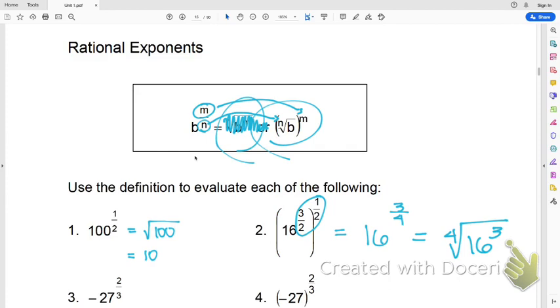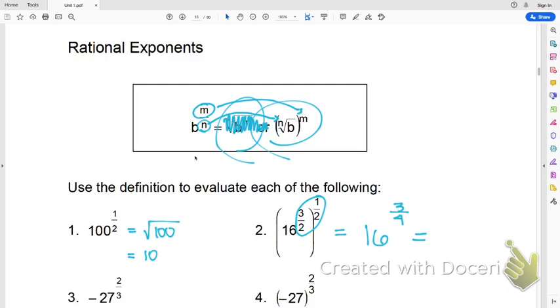I know 16 squared is 256. I don't know what 16 cubed is. Could I figure it out? Yes, not in my head. It would take me a minute. I'd have to get a really big number, 256 times 16, and then figure out what's the 4th root of that. I'm not real good at that either, okay? So the reasoning for not writing it like that is because of what happened right there.